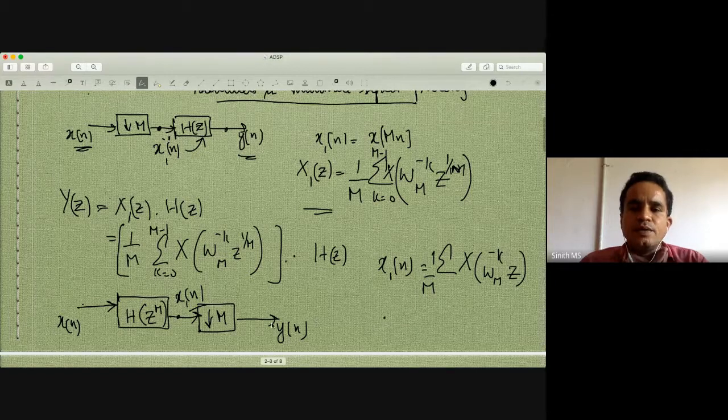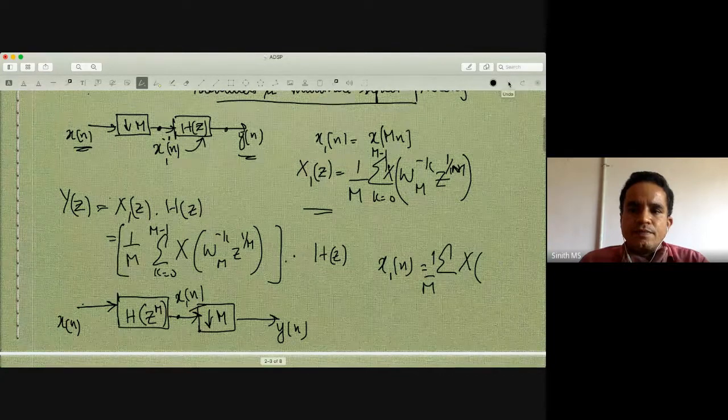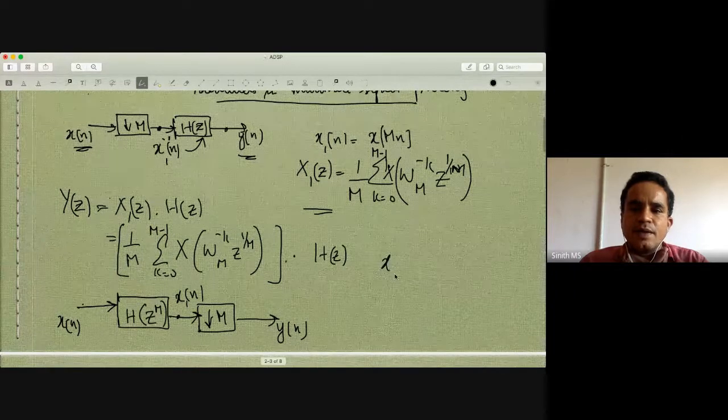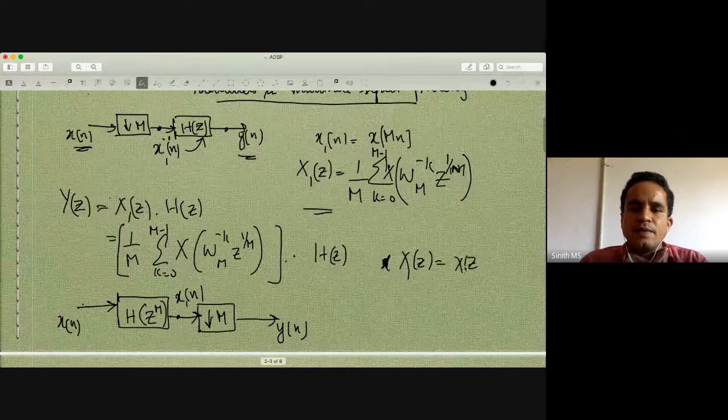It's not this case. X1(z) is simply X(z) multiplied by H(z raised to m).